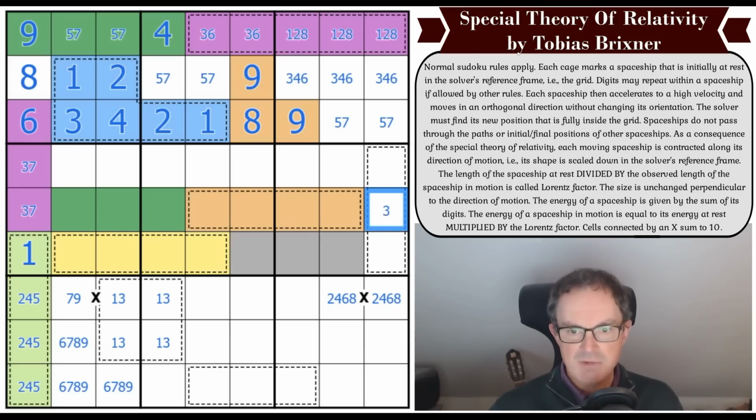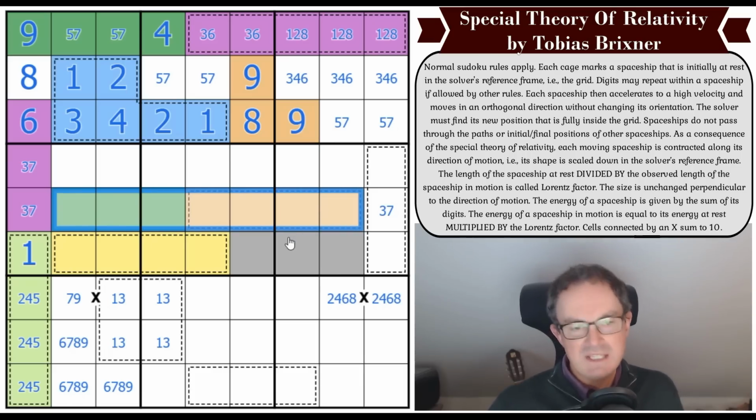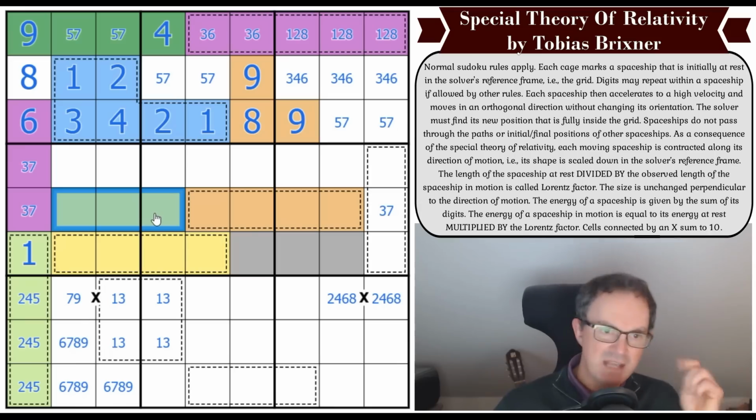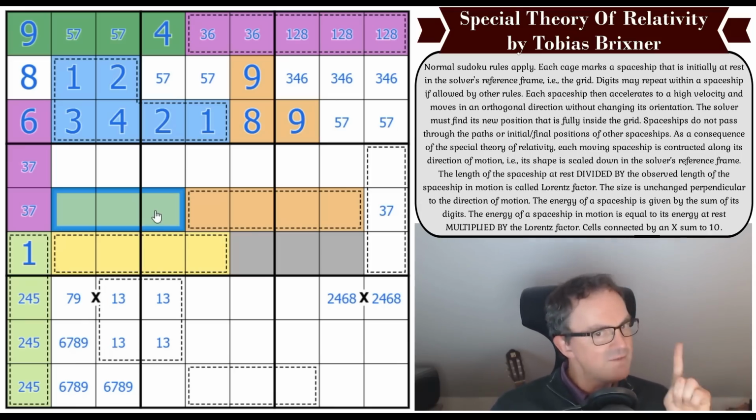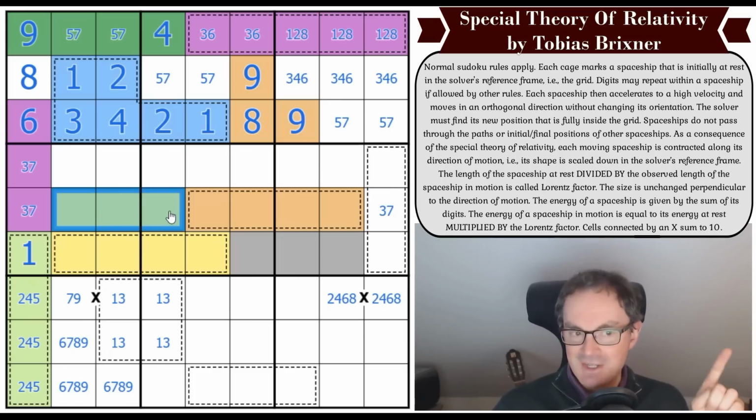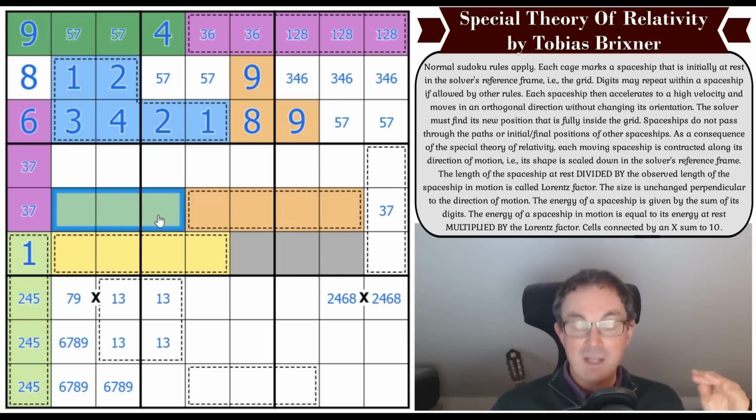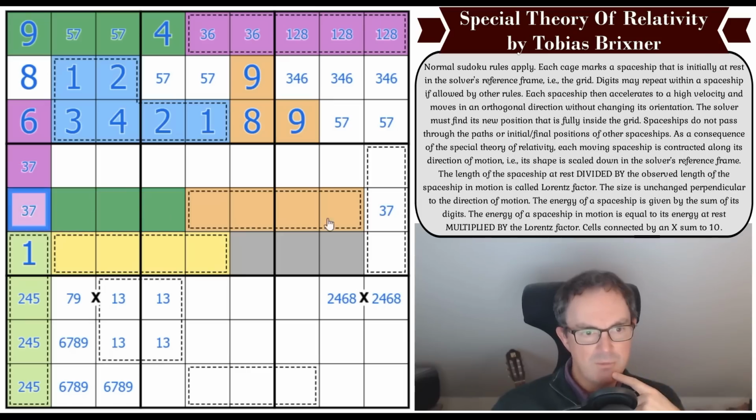So this square is 3 or 7, and the mathematics of this row is a 20 cage and a 15 cage, and that is the 20 cage, and it doesn't have a 7 in it, so it's not 5, 7, 8. So it must have a 9 in it. A 3-cell cage in Sudoku with different digits that doesn't contain a 9 can only be made up in one way if it adds up to 20. It's got to be 5, 7, 8, and it can't be.